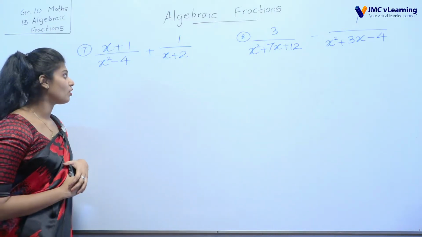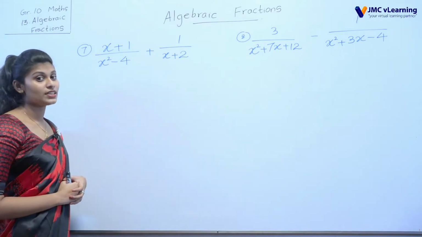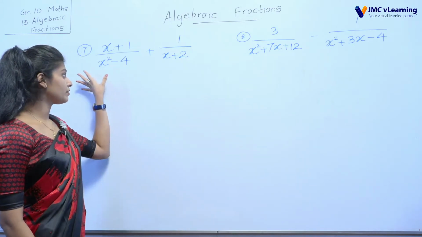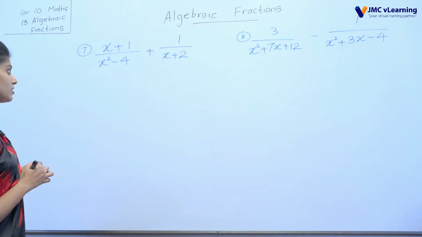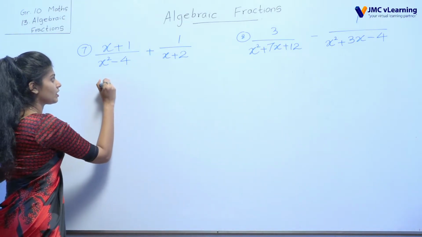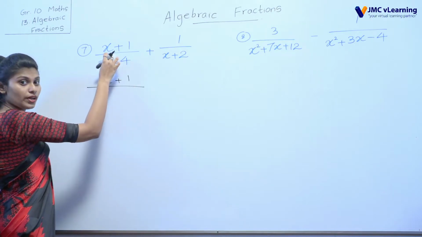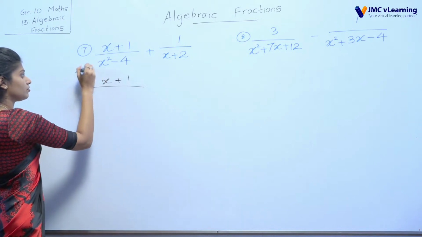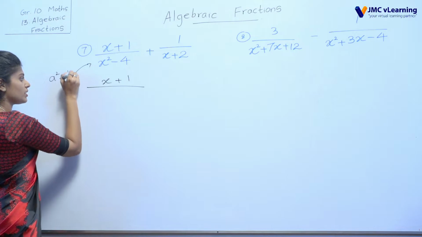X plus 1 over x squared minus 4 plus 1 over x plus 2. In this denominator you can write as a multiplication of two binomial expressions. What is it? X plus 1 is there, then x squared minus 4. This one is a squared minus b squared.